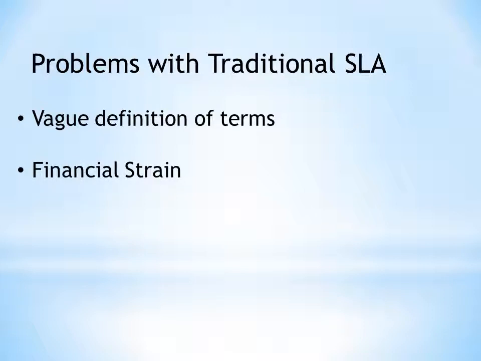There's also a financial strain on companies. Service level agreements are plain natural language documents. Just think of a legal contract. And because they need to be provisioned and monitored constantly, it placed financial strain on the business to have them.